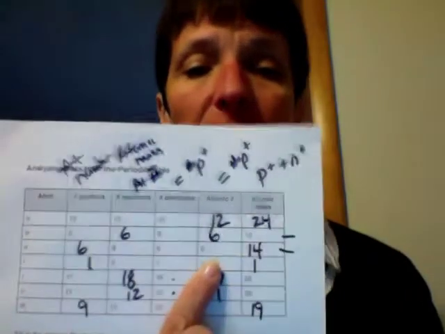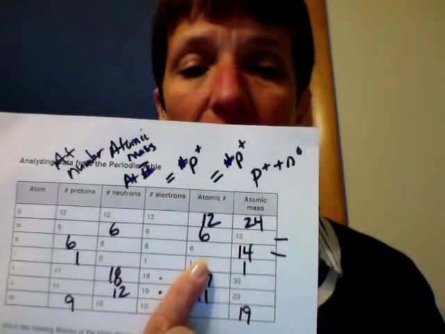Now, let's look at E. We have 2 blanks there. We have our number of protons that is blank, and we have our atomic mass that is blank. We know that our number of protons is equal to our atomic number. The atomic number in this case is 6. See that? It's already filled in, it's 6.